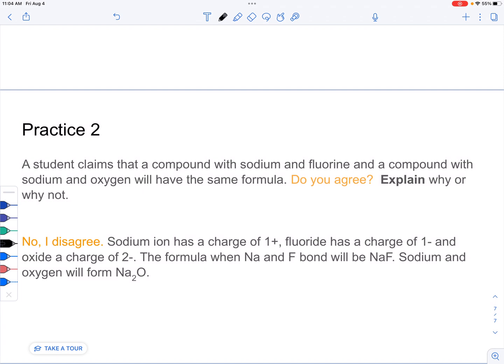Again, can't just be brilliant, you have to communicate brilliant, you have to explain your thinking. So the formula when Na and F bond will be NaF, sodium and oxygen will form Na2O. So again, you can't just stop. You notice you couldn't just stop here. You can't just give the evidence, you have to show that, okay, well, I fully know how to explain this.